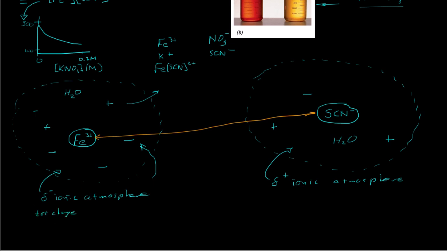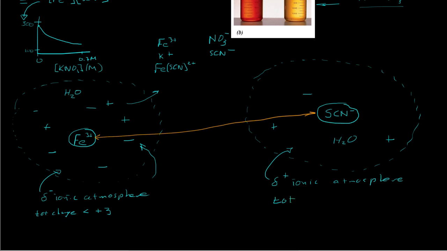Well, if we just had water and the iron, the total charge would be equal to +3. But because there are these negatively charged and positively charged ions in here, this total charge is going to be something that's a little bit less than +3, because on average we have a few more of these negative charges than we have the positive charges. Same thing's going on over here.